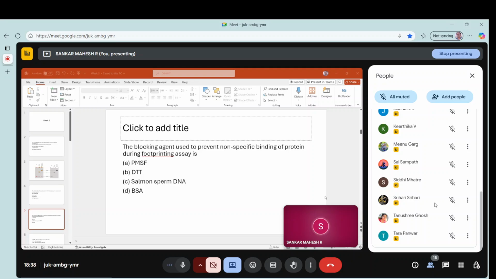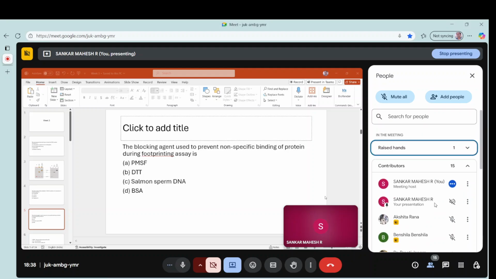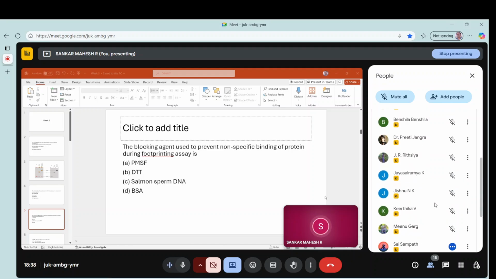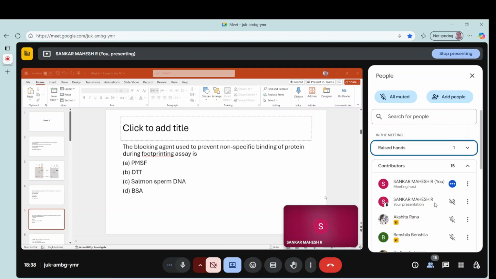No. What is BSA? Can you expand BSA? Bovine serum albumin. Right. It's an albumin from the serum of cows. That's why it's called bovine serum albumin. So this is a pretty non-specific protein.